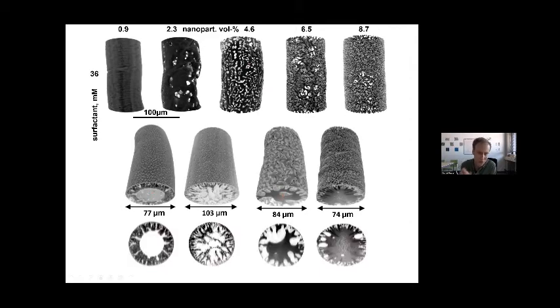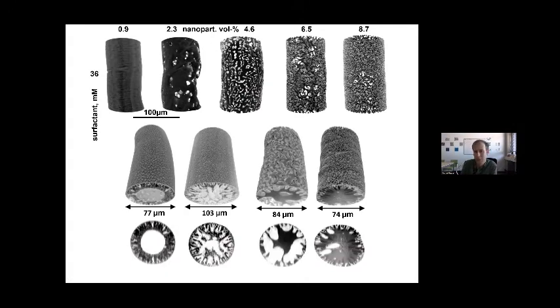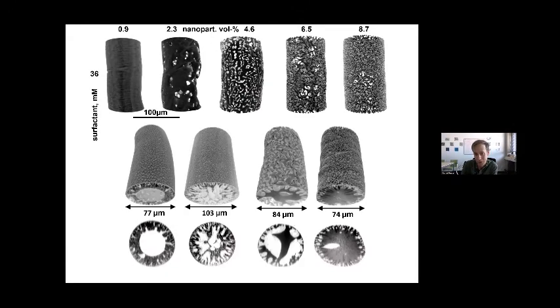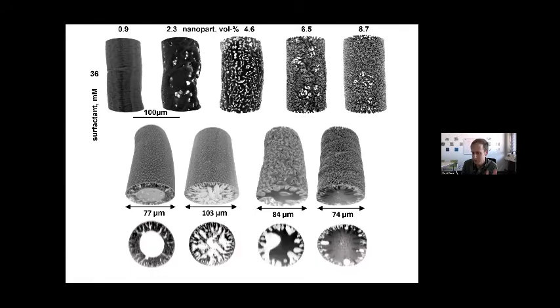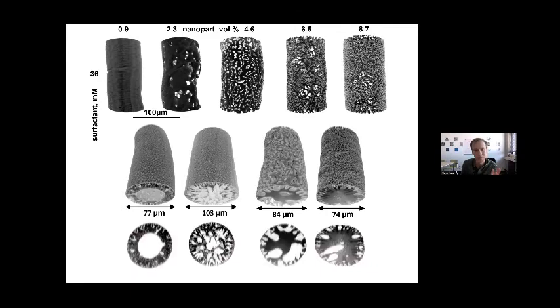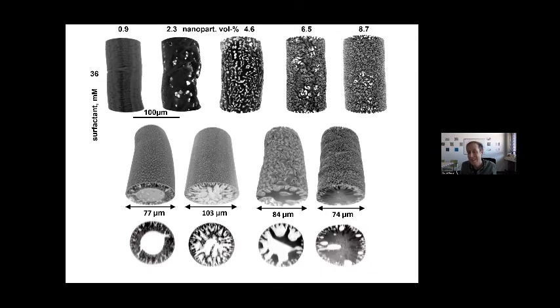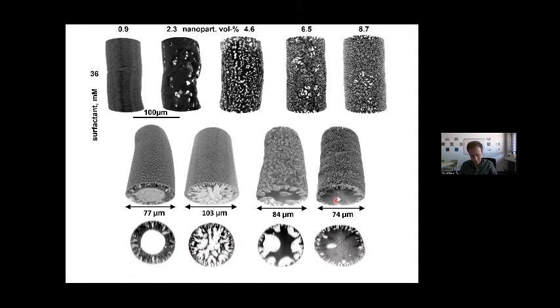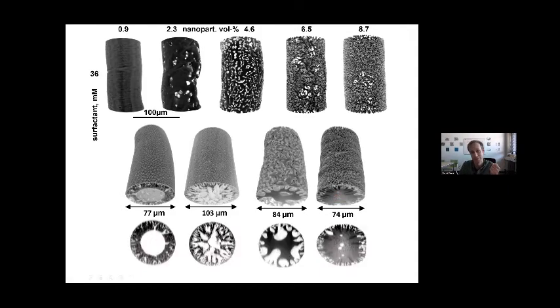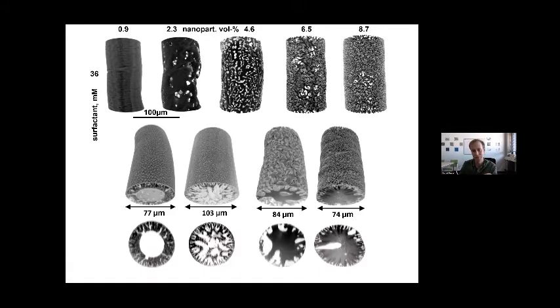So this indicates that on the surface, this nanoparticle stabilization has worked very well, but deeper inside, not so well. That has been a question that has been driving me for a long time. Why can't we stabilize also the spinodal decomposition deeper inside of the fiber? It has been haunting me for years. And finally, we have also succeeded in doing this.